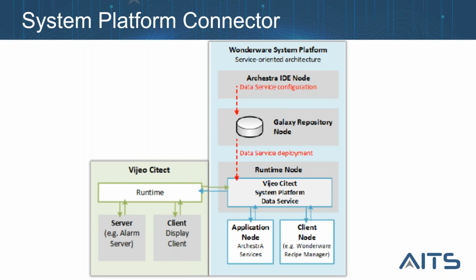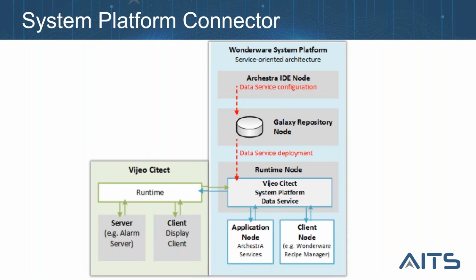When we deploy this service to an AVEVA System Platform runtime node, it supports the following functionalities. First, it allows you to browse data, tags, and equipment items from Citect. It also allows the reading and writing of values to one or more tags.